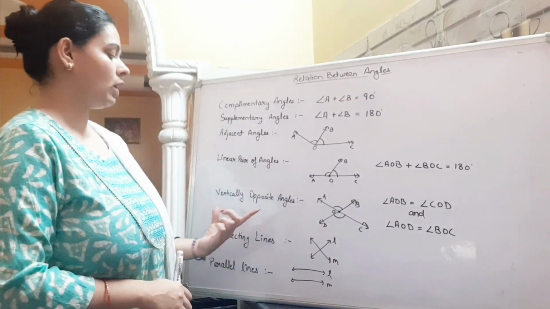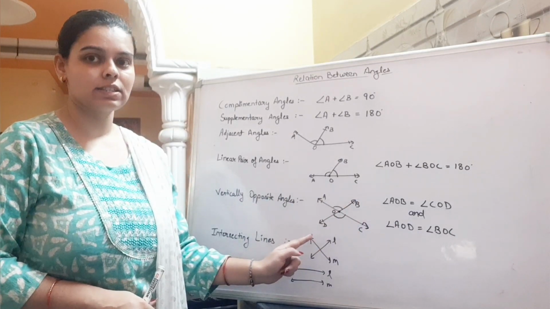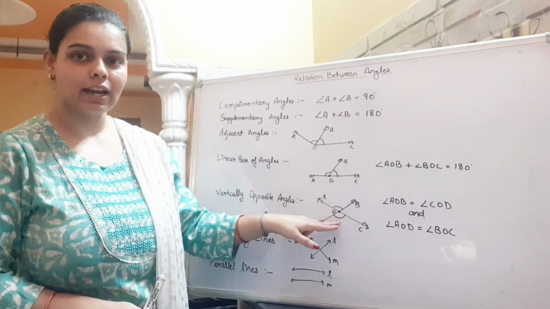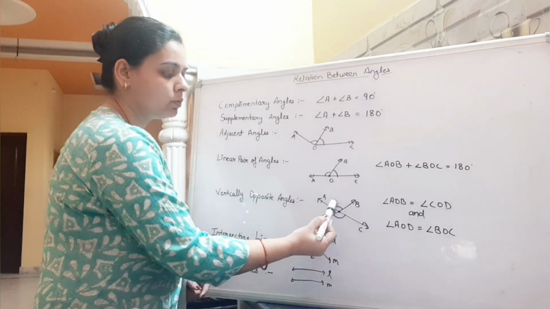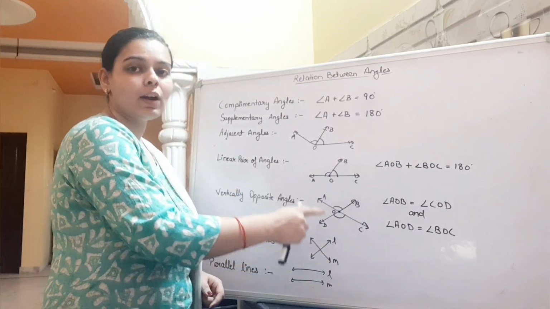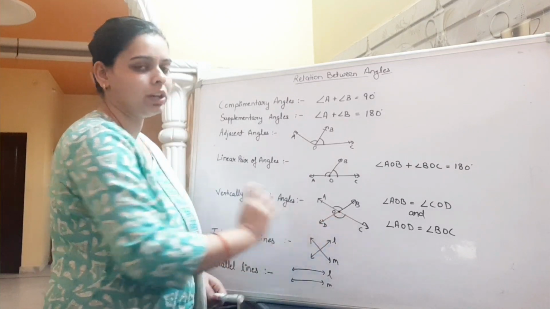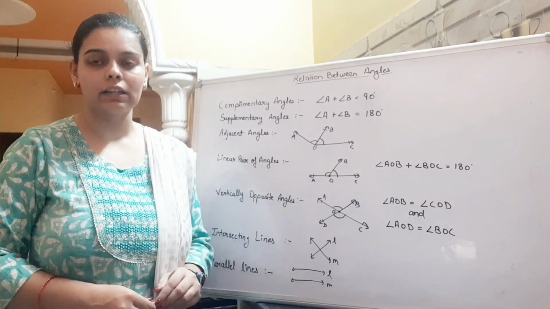Now vertically opposite angles: when two intersecting lines form angles, the opposite angles are equal. Angle AOB is the vertically opposite angle of COD.